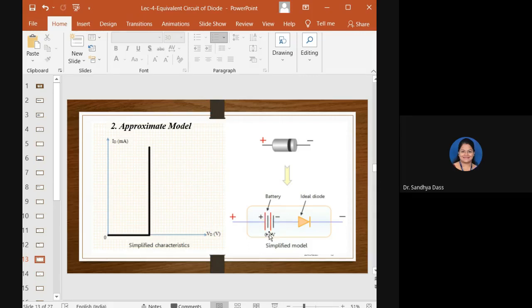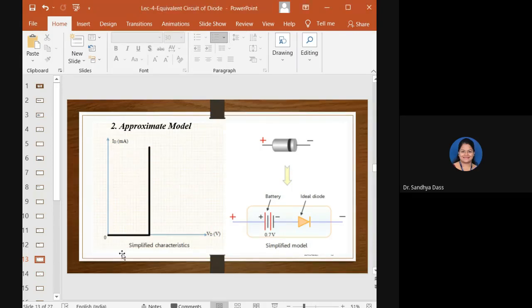So what does it mean in the circuit? Wherever you have the diode, whether silicon or germanium, until the applied voltage reaches that value, 0.7 for silicon and 0.3 for germanium, there is no current flowing through the circuit. Only after that will there be full current flowing through the circuit. Are you with me? Are you able to understand that? Am I understandable? Yes, sir.